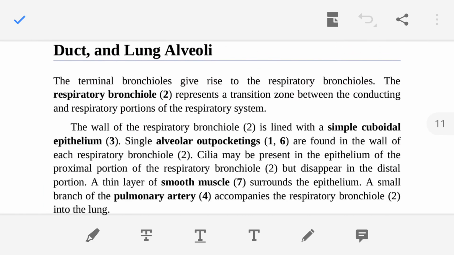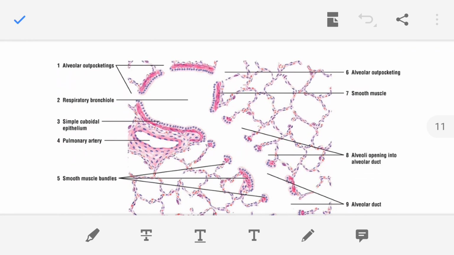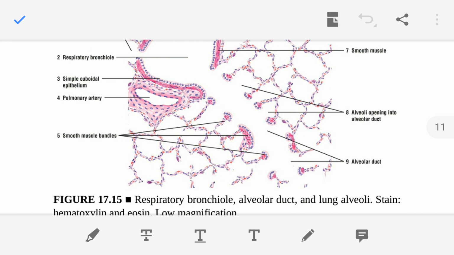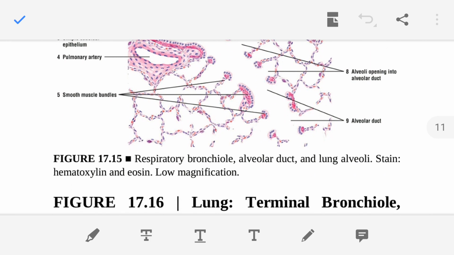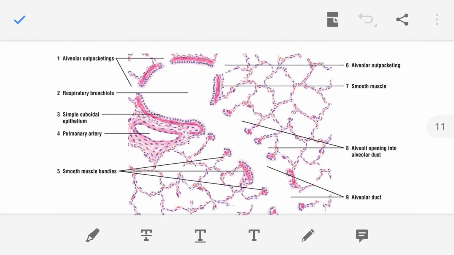So for example, this is the respiratory bronchiole they are showing. Then you see the alveolar duct, lung alveoli.